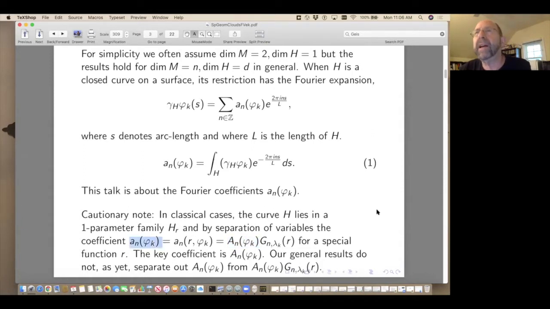But because there's no real general theory of how that works for general metrics on general manifolds, I'm going to refer to these as the Fourier coefficients. But it should be kept in mind that for the kinds of problems I'm going to be discussing, you could, in special cases, ask them about these relative Fourier coefficients or these absolute Fourier coefficients.